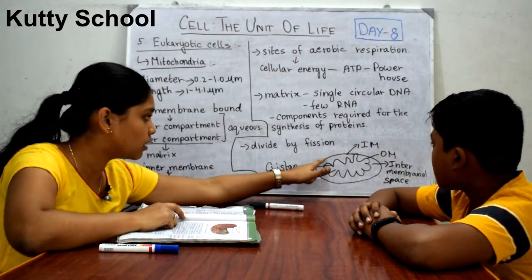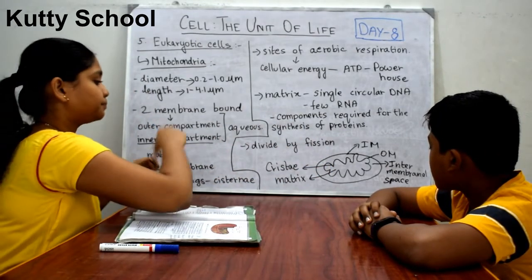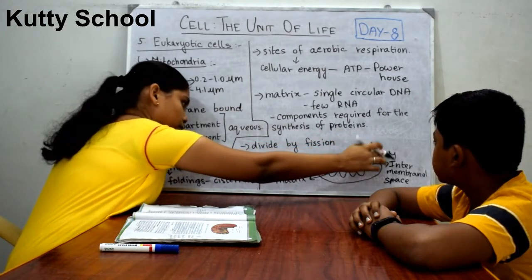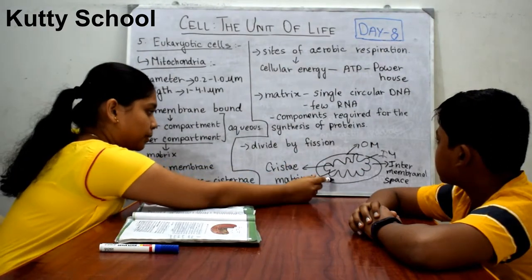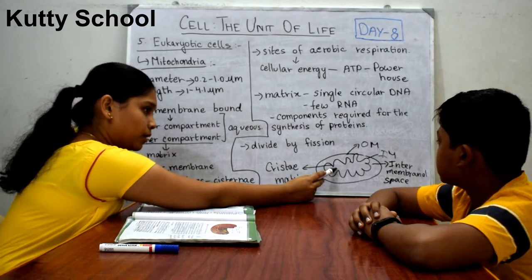Okay, so this one is the outer membrane and this one is the inner membrane, and this one is the intermembrane space, and this one is the matrix, which is present inside the inner membrane.